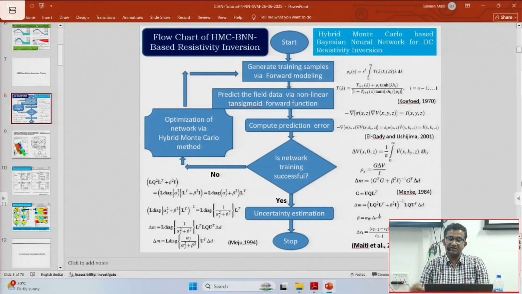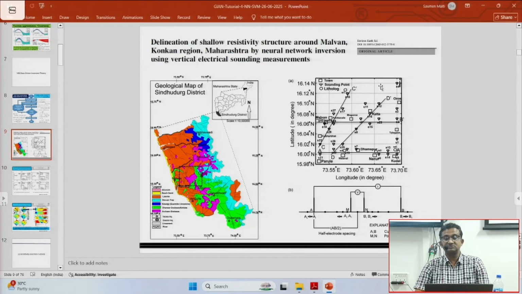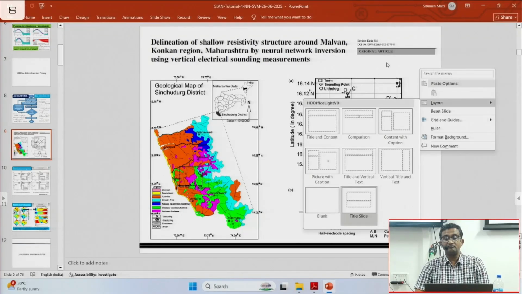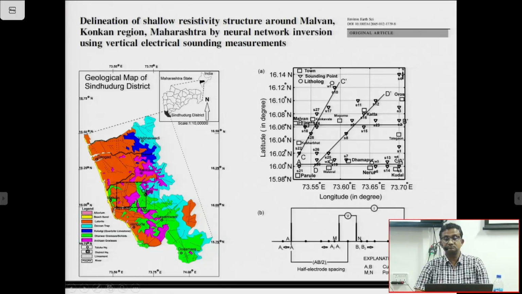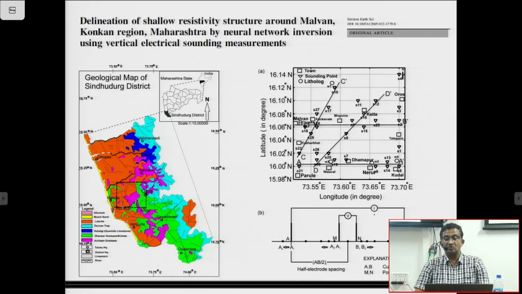Usually in this resistivity inverse problem, this is how your different layers are.